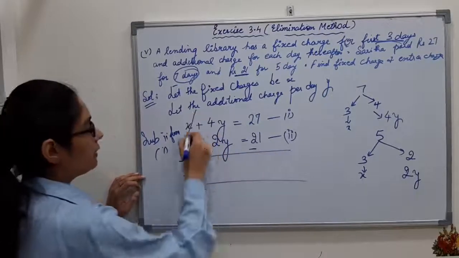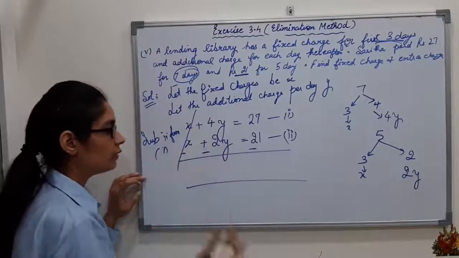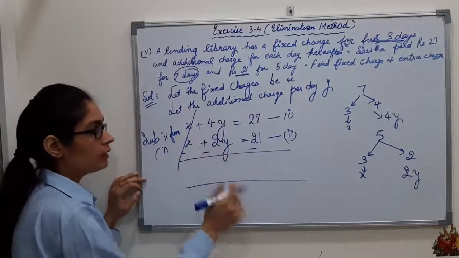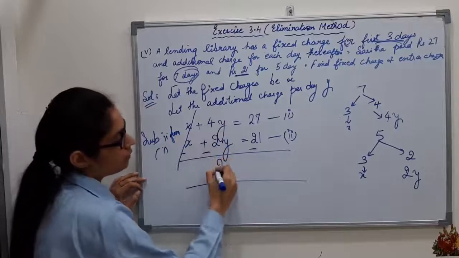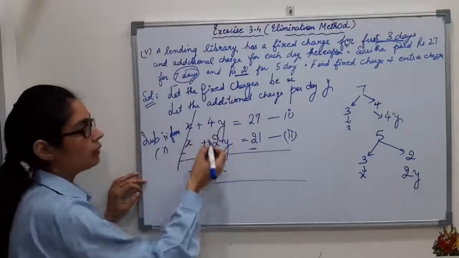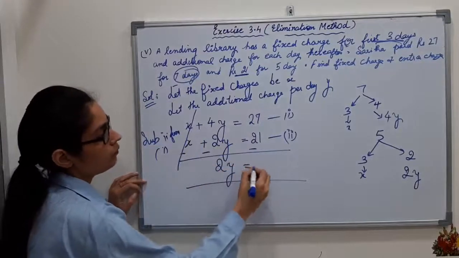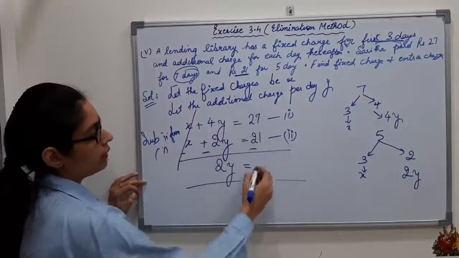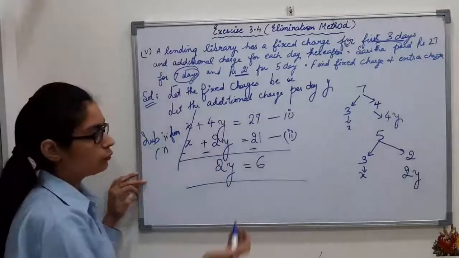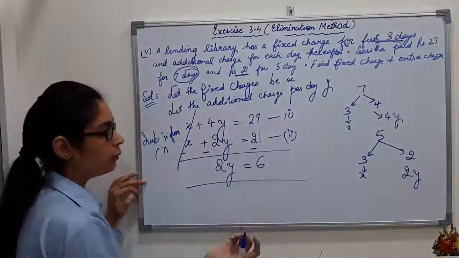Now x and x will get cancelled, and we have successfully eliminated one variable. Plus minus is minus, 4 minus 2 is 2. With a bigger number you have plus, so we will write plus. 27 minus 21 is 6. Again with 27 plus sign is there, that's why our answer also will have plus sign.